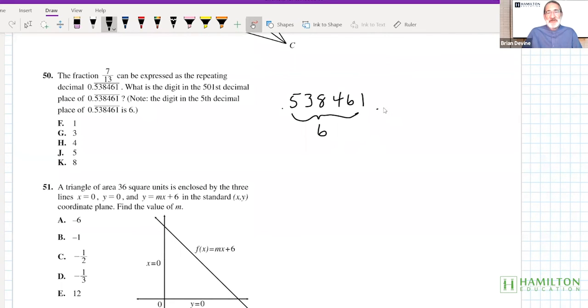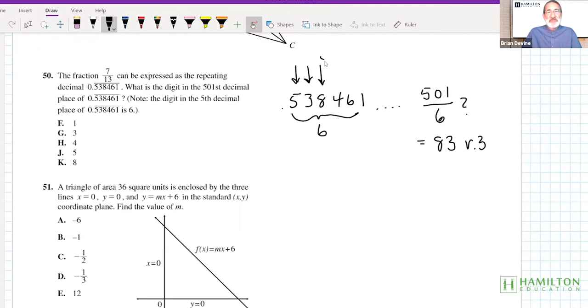So if I go out to the 501st decimal, well, what's 501 divided by 6? I should have this idea then, that I'm going to get 83 with a remainder of 3, which means that I would go out 83 times with this repeating sequence, 5, 3, 8, 4, 6, 1, 83 times, and then I'd go 1, 2, 3 more.